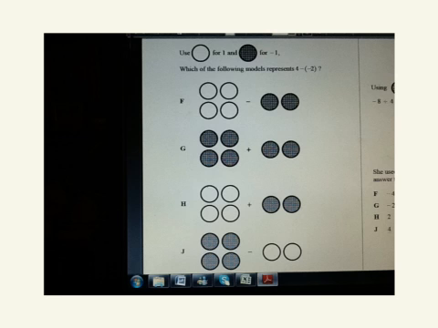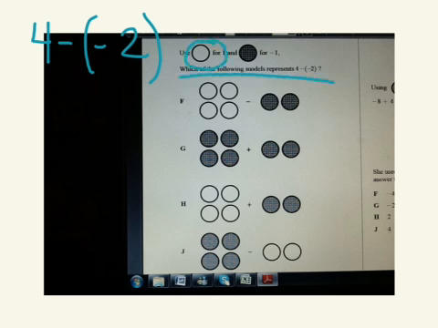We'll do teal. So we have 4 minus a negative 2. Even without looking at the models, because all it's saying is which of the following models represent this. So 4 should be positive. If your open circle is positive, which one has 4? Your F and your H.